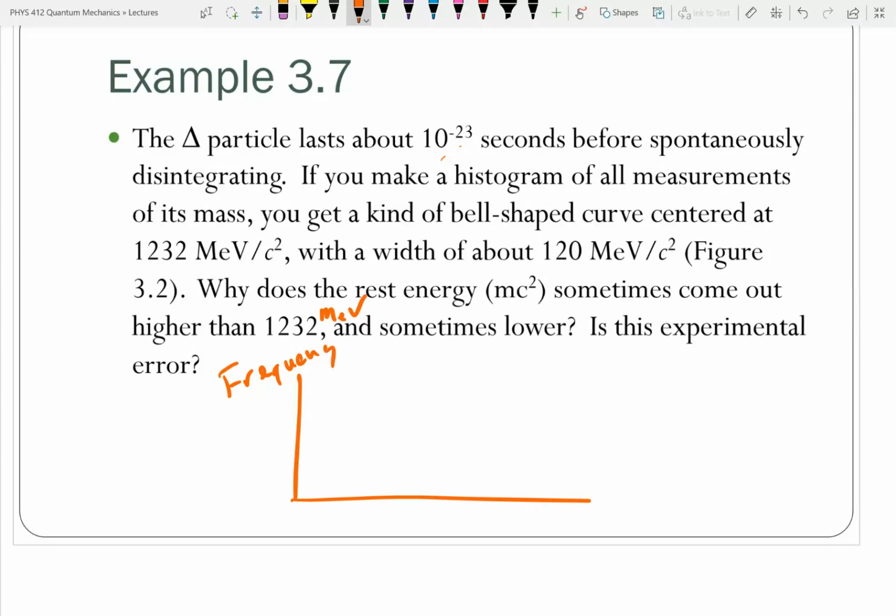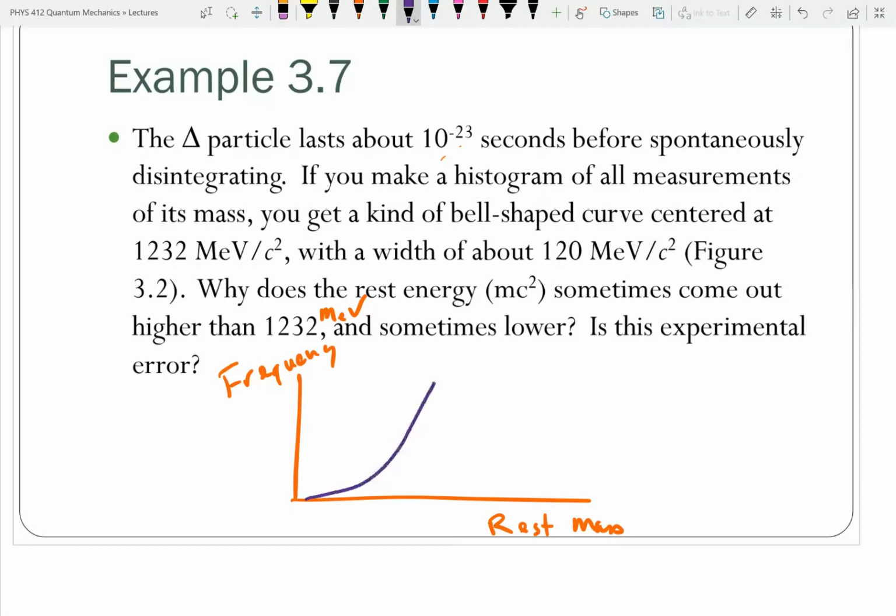Remember it's a histogram, so frequency means how many times per delta E. And then you have the rest mass.